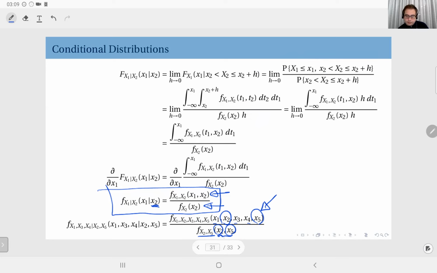But x2 and x5 in this case are known values because they are given. So the conditional PDF of x1, x3, and x4, given the values of x2 and x5, is this ratio. So this is the general case.